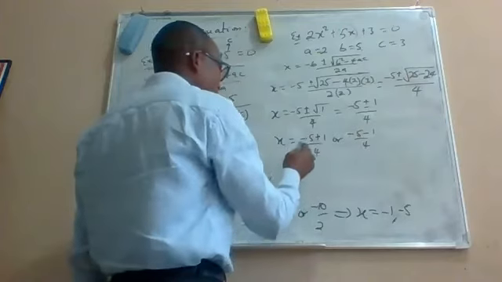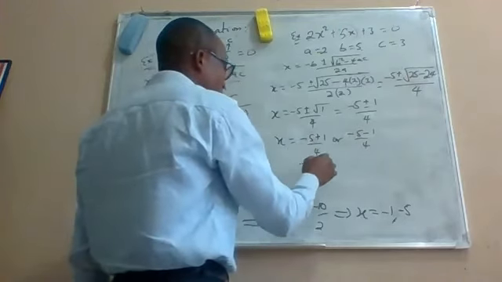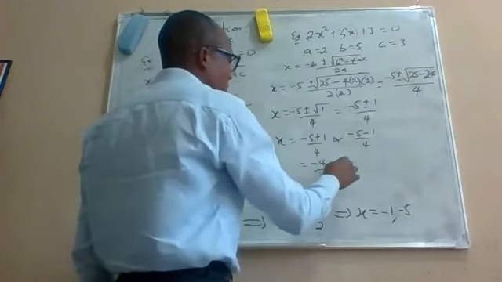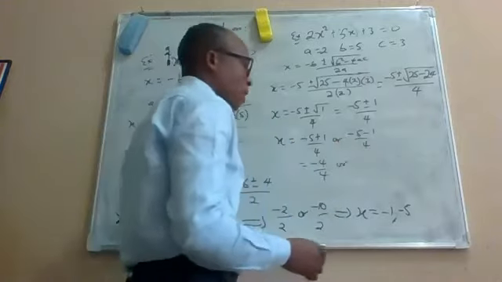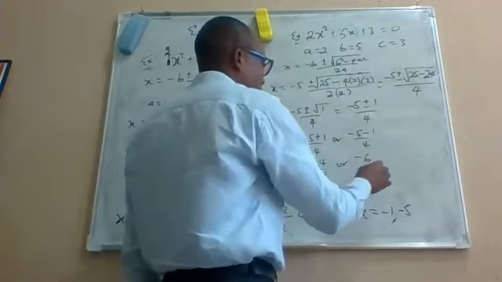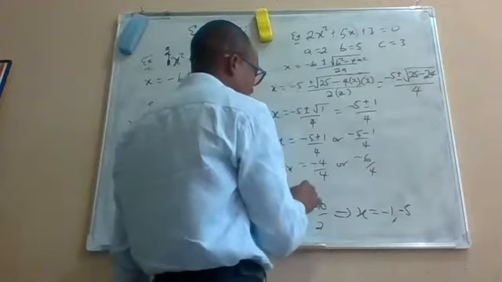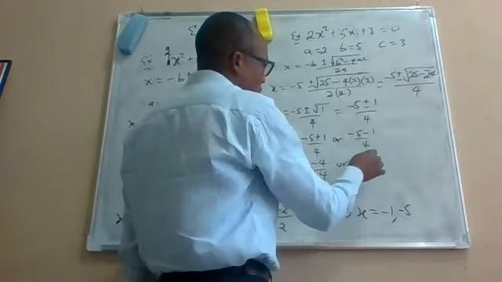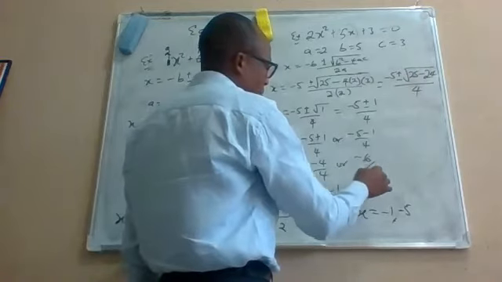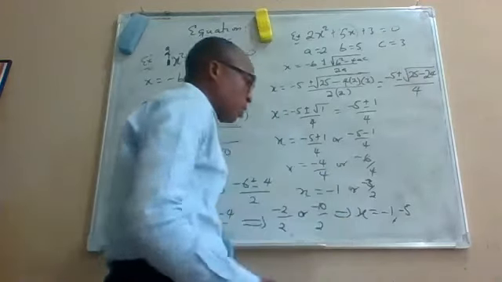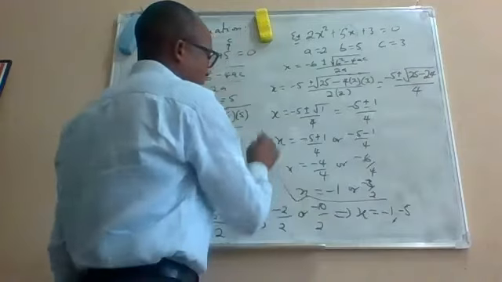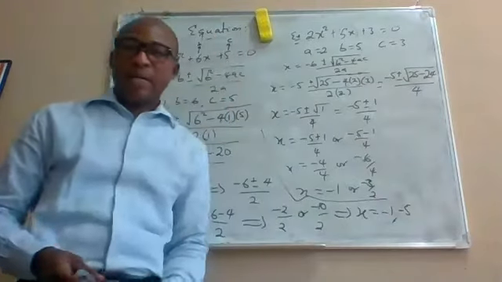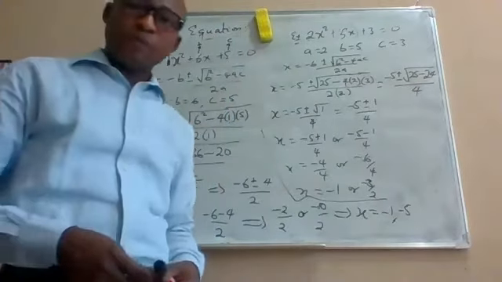Minus 5 plus 1 will give you minus 4 over 4. Then minus 5 minus 1 will give you minus 6 over 4. So by the time you divide, this will give you minus 1, or minus 3 over 2. And that will give you the same answer as the factorization method.